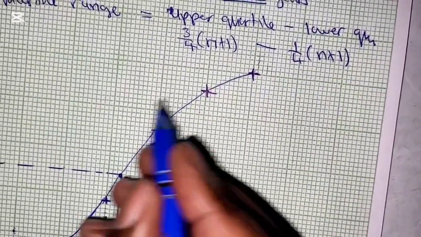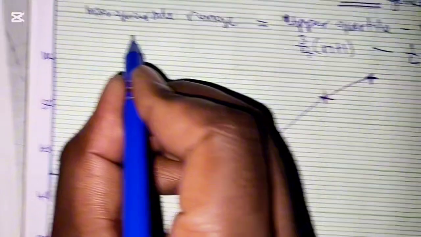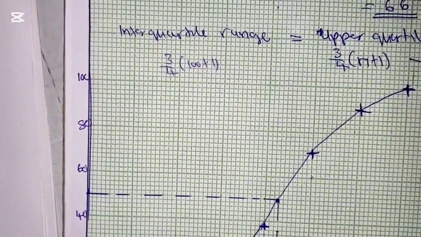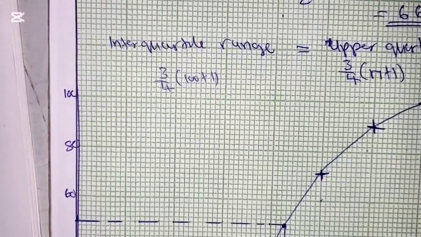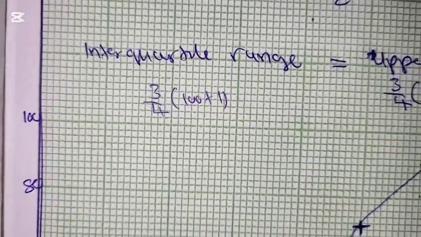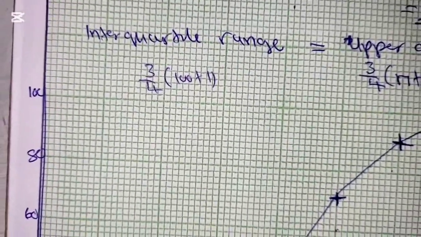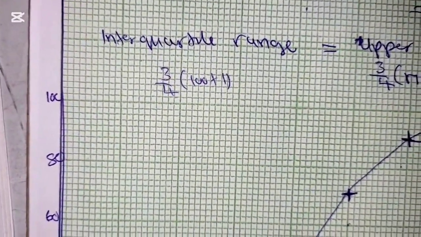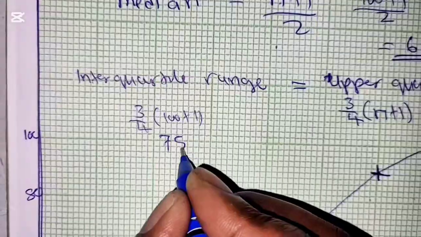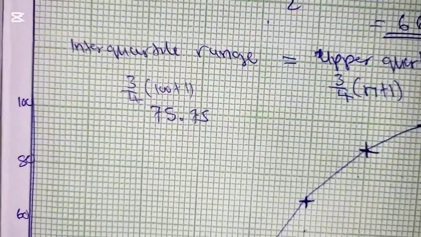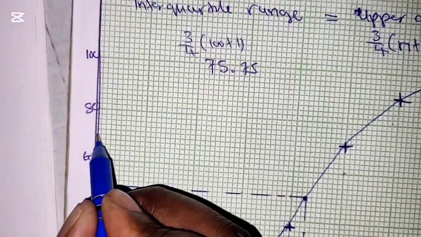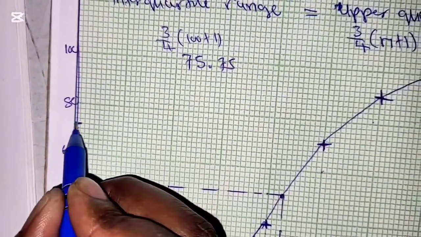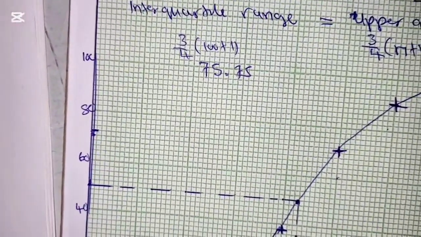So we are going to say 3/4 of n, which is 100 plus 1. So 101 multiplied by 3, then divided by 4, we get 75.75. So we're going to come here. 70 is almost here, 0.75, let's say this box right here. So we're going to draw a line.